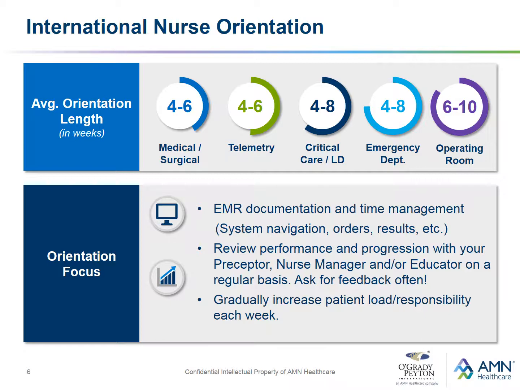You should have these conversations weekly or every 2 weeks at the most. Be proactive and ask for frequent and specific feedback on what you are doing well and what you need to work further on. Ask your preceptor, manager, or educator. You almost cannot ask too often.